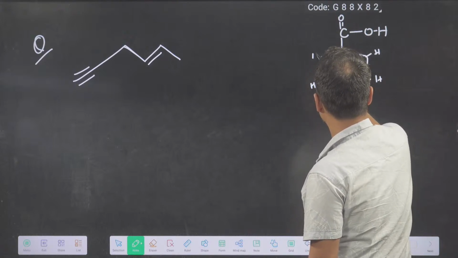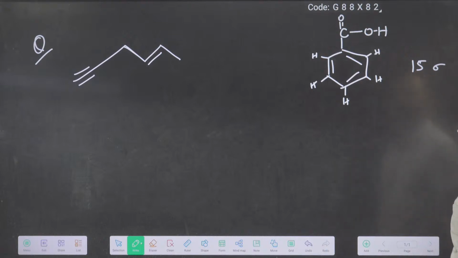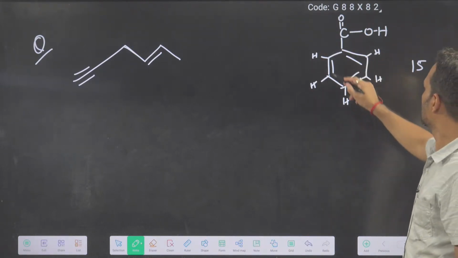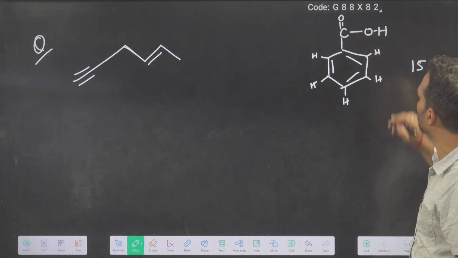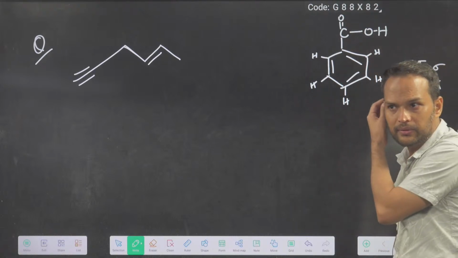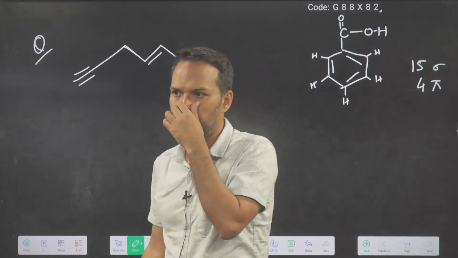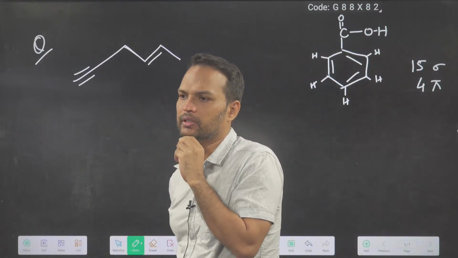So you are saying 15 sigma, correct? 6, 6, 5, 11, 12, 13, 14, 15, and 4 pi bonds. Benzoic acid. Clear? Okay. Jashwant, very good.